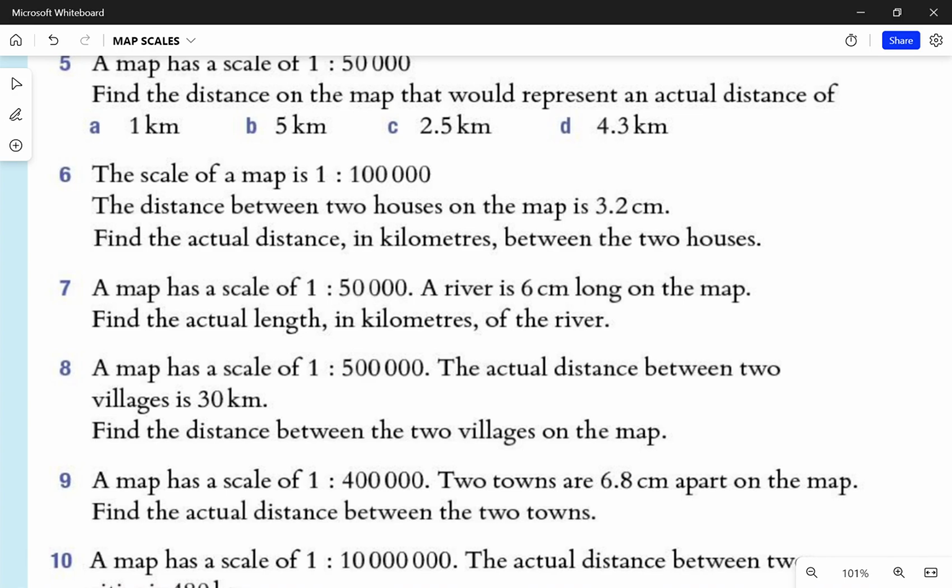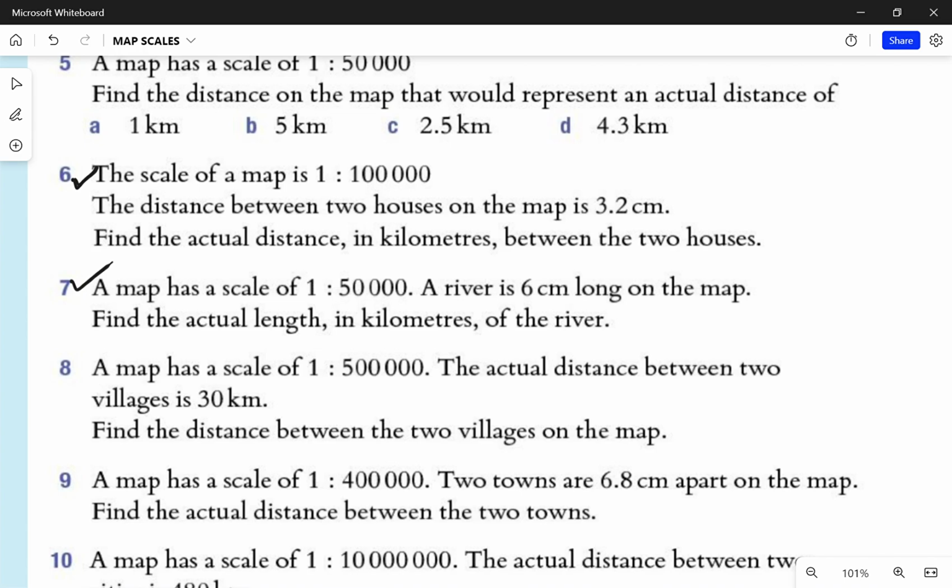Find the distance on the map. Find the actual length in kilometers. Okay, let's go to question 7. Let's attempt this question so that we see how we can find the actual distance. Let's do questions 6 and 7.